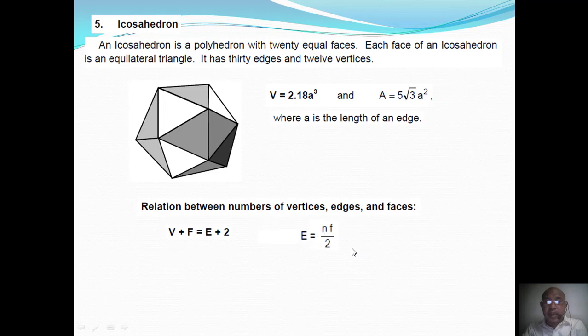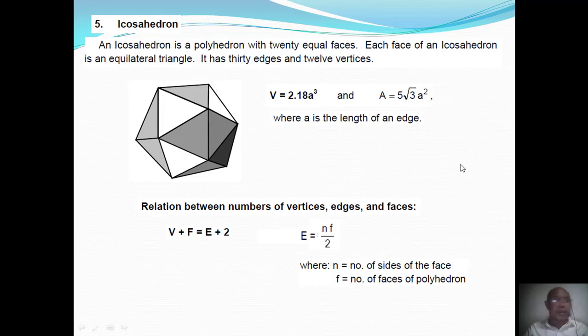And then the number of edges is also equal to N times F over 2, where N is the number of sides of the face. So let's say if we have a triangular face, then there are three sides of the face. Then F is the number of faces of the polyhedron.